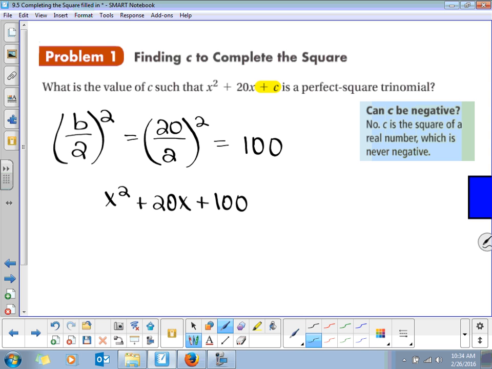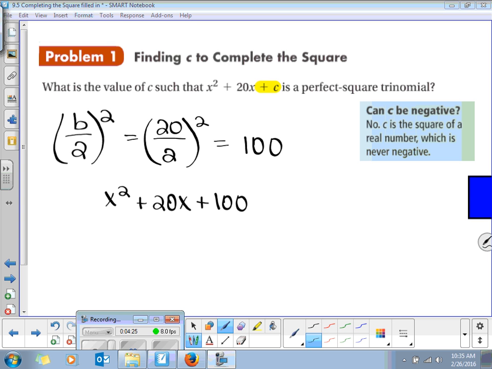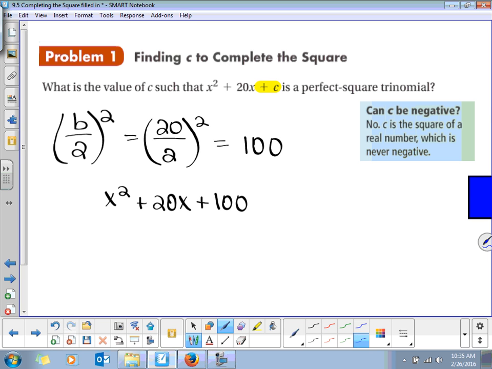And now let's check just to make sure we have a perfect square trinomial. So we have x squared, that's a perfect square. 100, that's a perfect square. And if I take 2 times a times b, remember when we check, it's the square root of this and the square root of that.